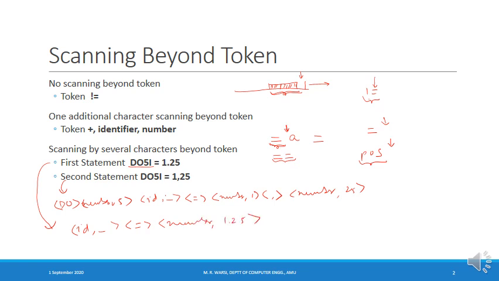So these are the tokens in the first statement, shown over here, right? Okay, when will I come to know that DO is a token in the second statement?